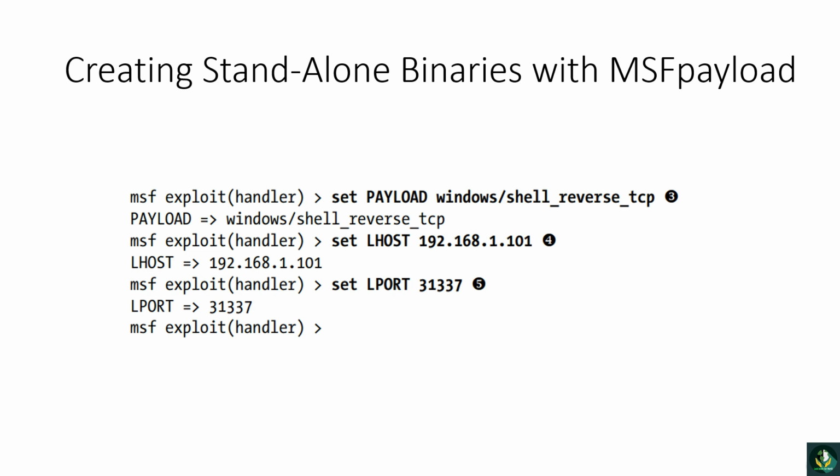We set the LHOST here by typing set. We have to set LHOST and LPORT manually because they weren't set by default. The port to listen on is 31337, and then we're ready to go. As you can see, it is now open.